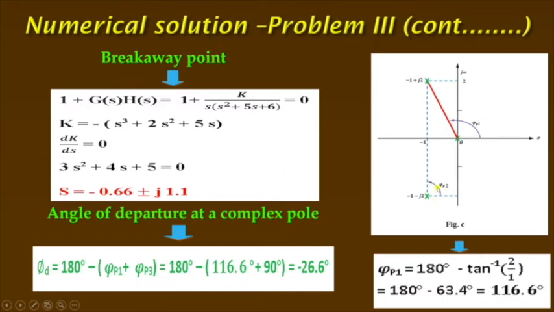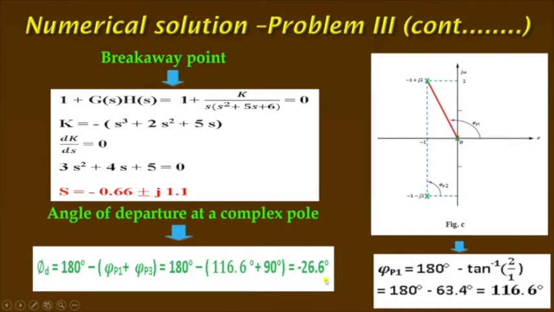Then for the other pole, the angle is 90 degrees plus 90. So the angle of departure at that pole is equal to 180 minus 116.6 plus 90 degrees, which equals minus 26.6 degrees.